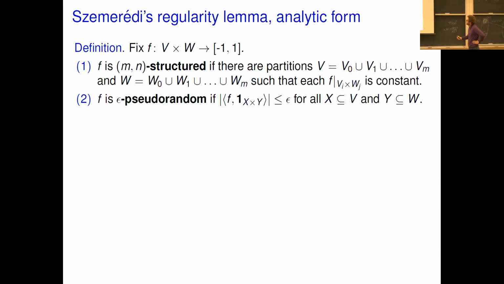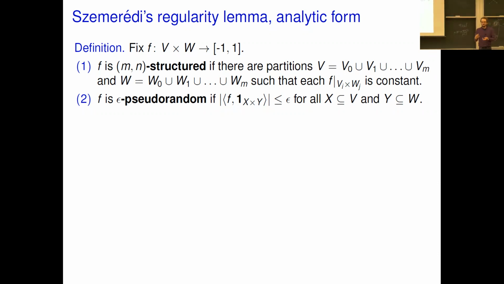Right, so to state Szemerédi regularity for functions, we need some definitions. So fix an arbitrary function f from V cross W. Now we're back to -1, 1 again. I'll say a little bit about that. So we've got a notion of being structured and a notion of being random. We say that the function is structured with parameters m and n if I can partition my two sets V and W, V into m+1 pieces, and W into n+1 pieces, and then on each pair, the function is constant.